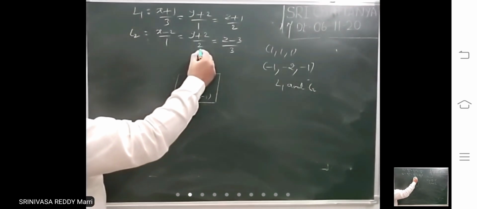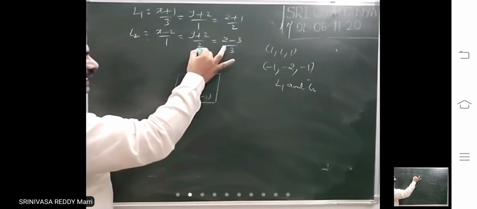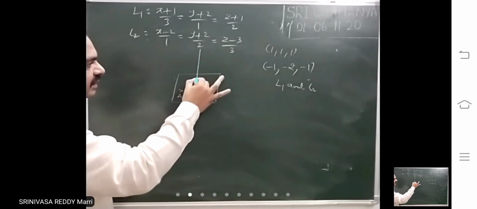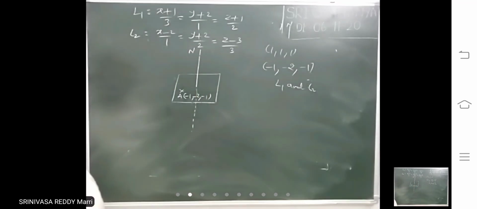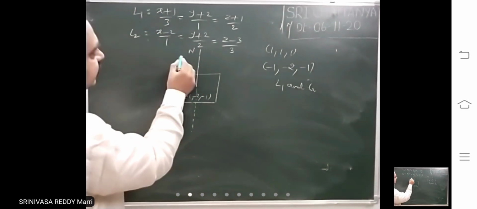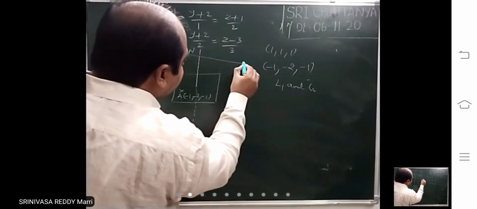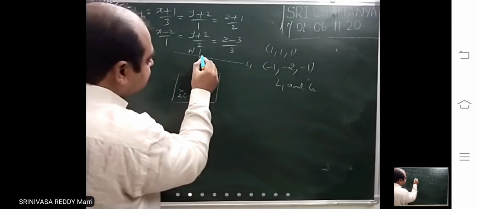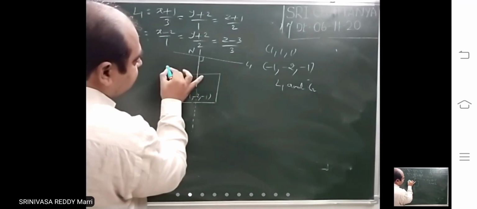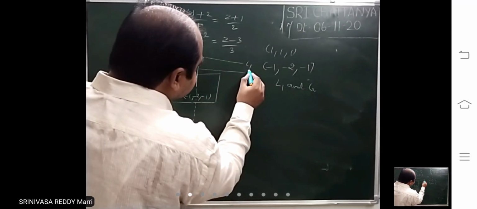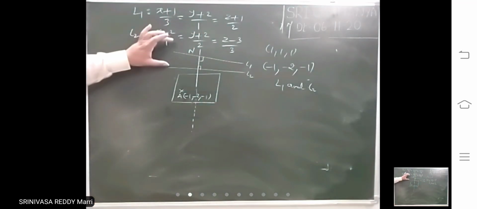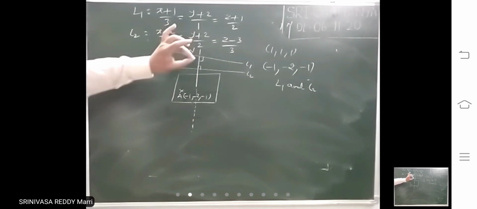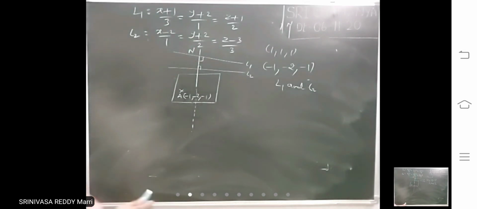For that you want the normal. Let us say the normal line is this. He is telling us the normal is perpendicular to these two lines: to L1 and to L2. So what do you want now? The normal DRs.